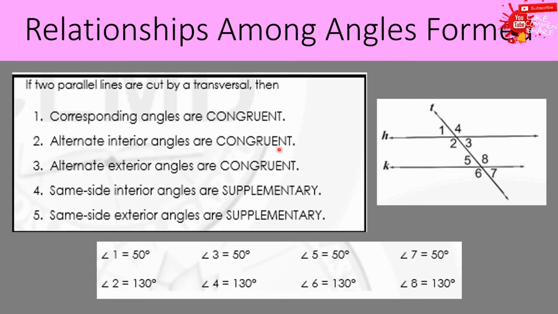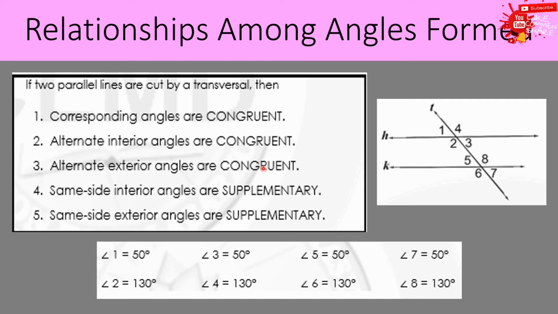We also have here alternate interior angles are congruent. So we have here angle 2 and angle 8. They are congruent, meaning they have the same measure. And also with angle 3 and angle 5. Let us discuss more of this measurement after we discuss all of the relationships. Now we have here number 3, alternate exterior angles are congruent.